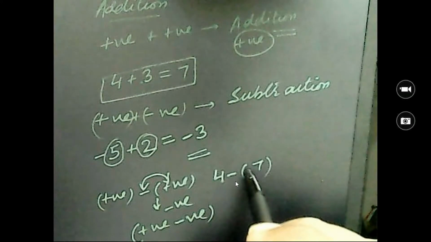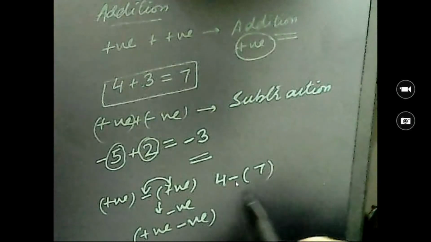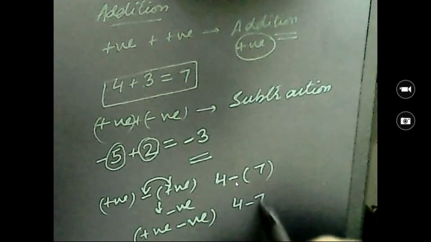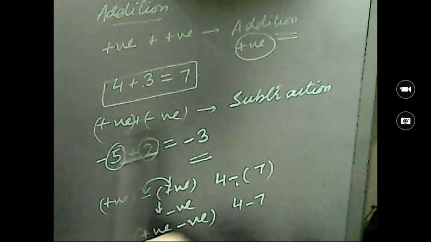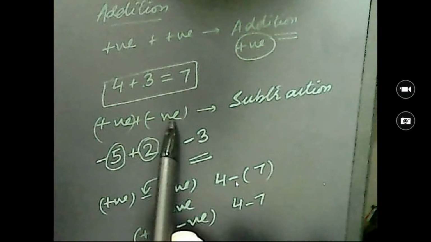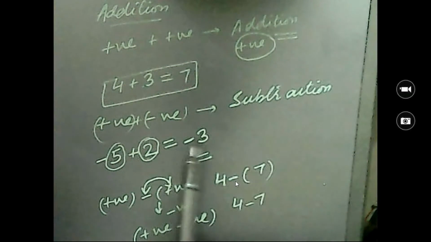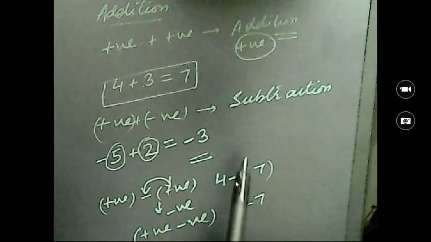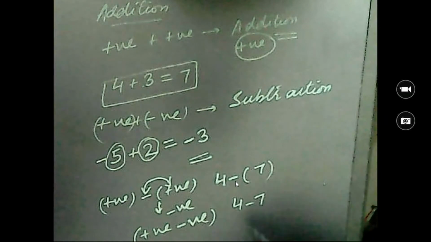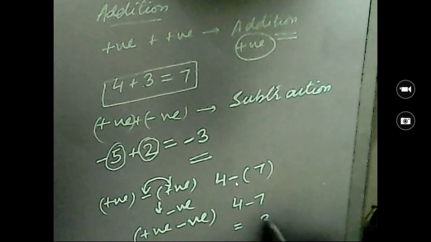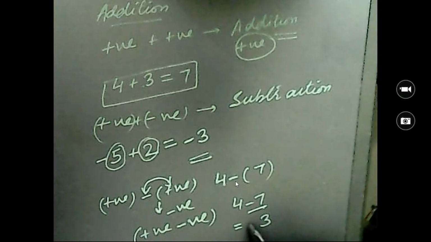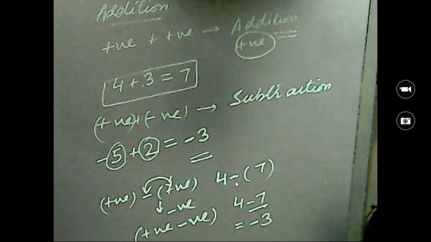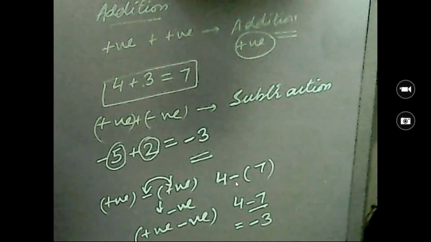No doubt 7 is a positive number, but once you open the bracket, this becomes 4 minus 7. Again you come back to the rule: positive and negative will be subtraction, and the sign of the result will be the sign of the greater number. So 7 minus 4 is 3, and the sign of the 7 is minus, so the output will be -3. So this is the rule of addition and subtraction.